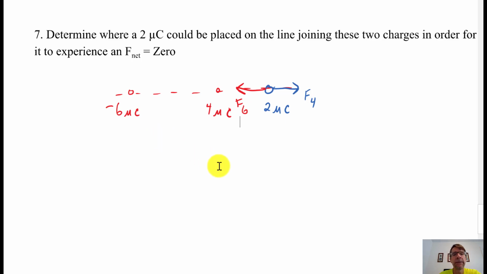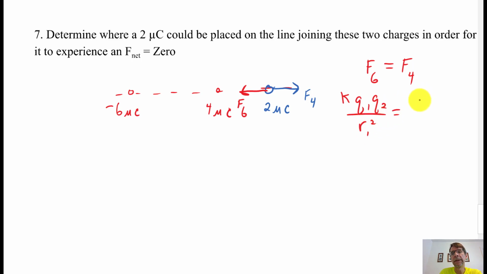Let me do a little bit better drawing of that. So they can be equal, F6 and F4. I'm going to take some shortcuts here. There's a problem like this in the homework as well. We need F6 to be equal to F4 in magnitude. For F6, that's going to be k Q1 Q2 over, I'll call it R1 squared.